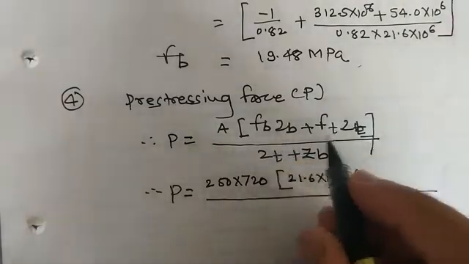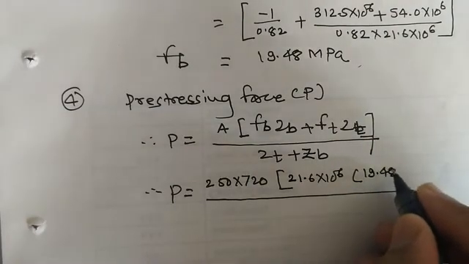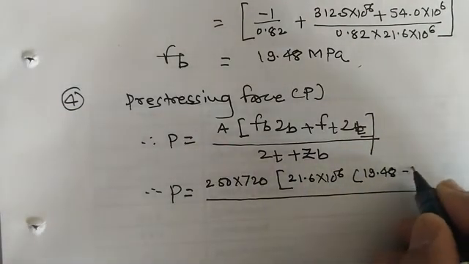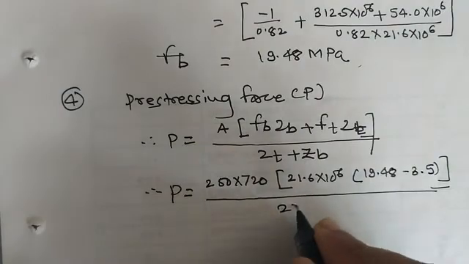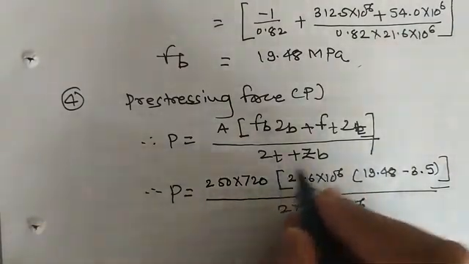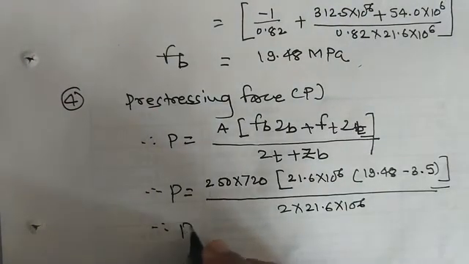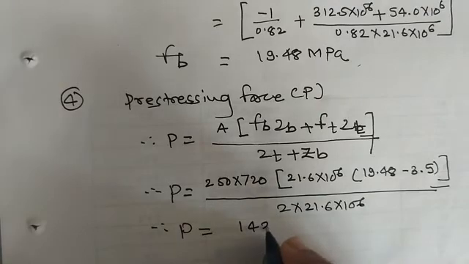Only you have to take the difference of F bottom, 19.48 minus 3.5, and it is twice 21.6 into 10 raised to 6 because this is the simple addition of the Z. So finally we get the pre-stressing force 1438.2 kilonewton.